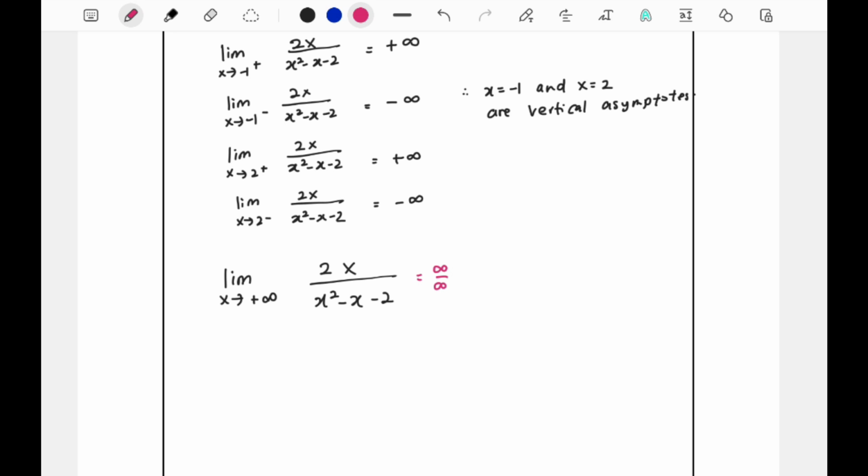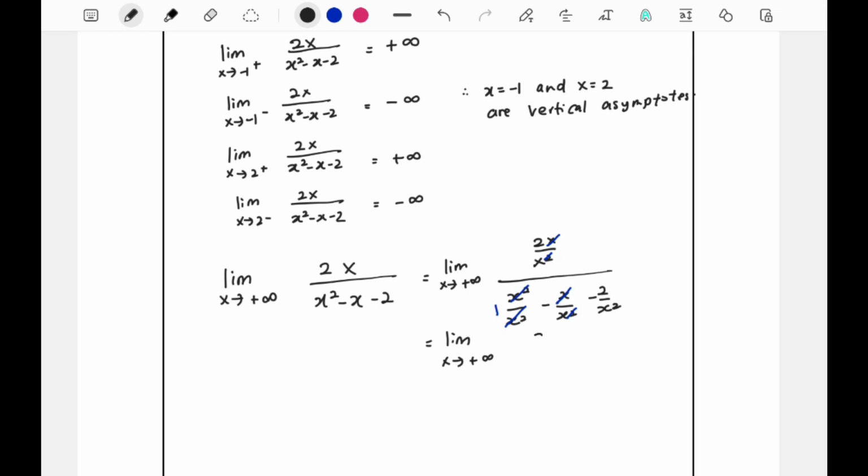So when we get infinity over infinity, you're going to divide the highest power of the denominator for both numerator and denominator. So the highest power of the denominator is x squared. Simplify. And then write down the simplest version.